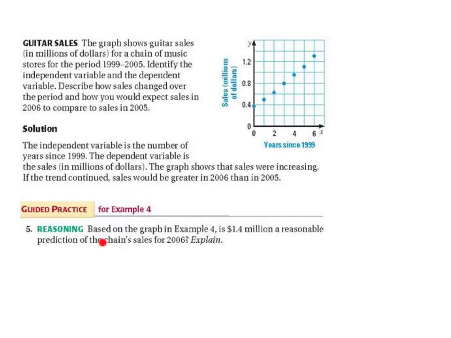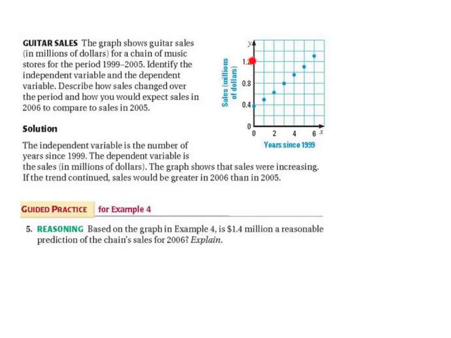So it says, based on the graph, is 1.4 million a reasonable prediction of sales for the chain in 2006? Well, it looks like it goes up about 0.1 million every year. Because this is 0.4, there's 0.5, 0.6, and so on.